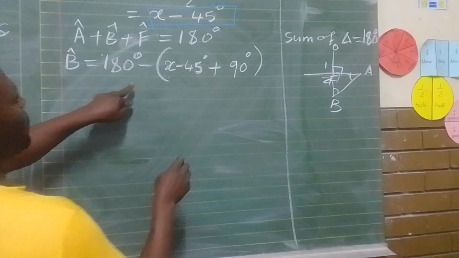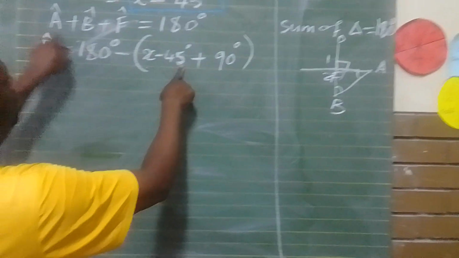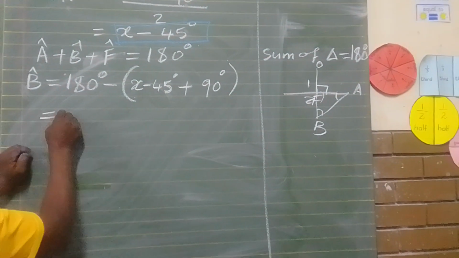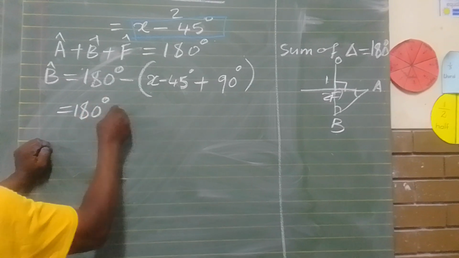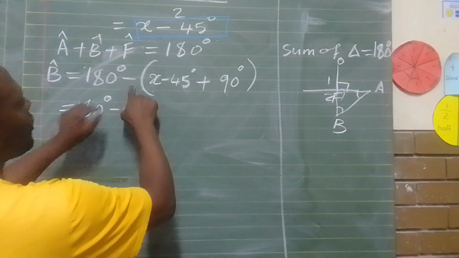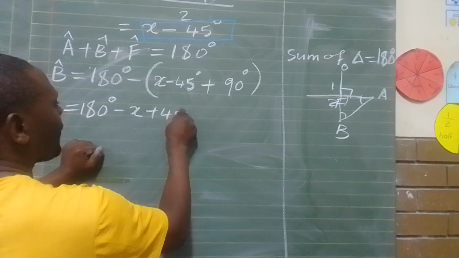Now we are going to find what? It's 180 minus A, which is x minus 45, plus F, 90, right? Which is going to be 180 degrees minus x. Negative times negative is positive 45.